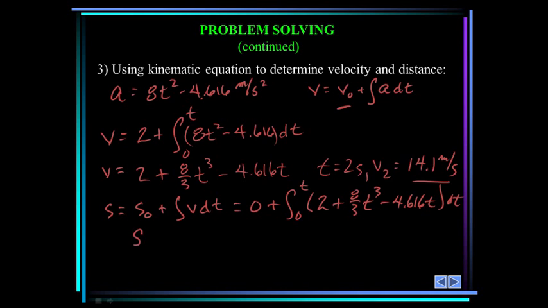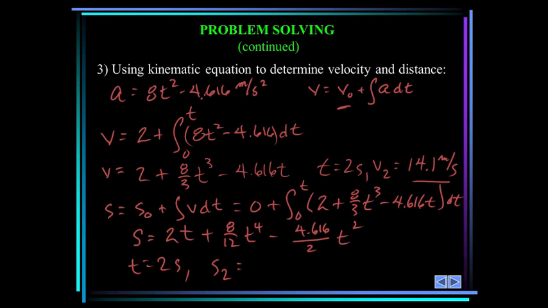You do the integration, you get s as a function of time is equal to 2 times the time plus 8 twelfths t to the 4th power minus 4.616 over 2 times t squared. So when t is equal to 2 seconds, the displacement at 2 seconds is 5.43 meters.